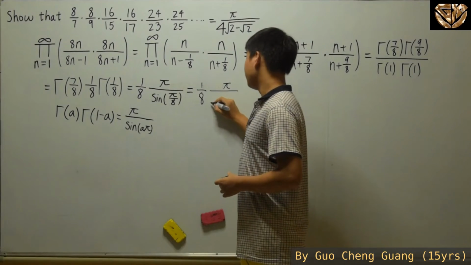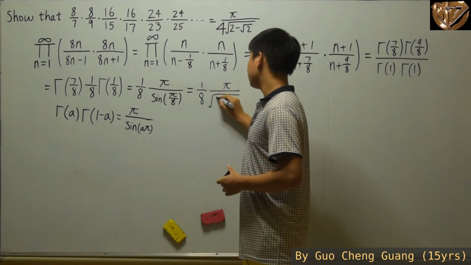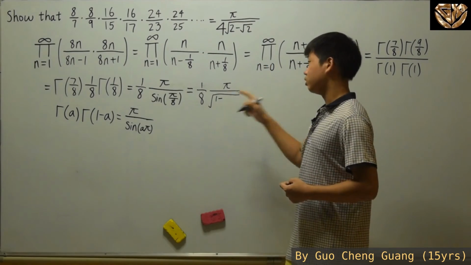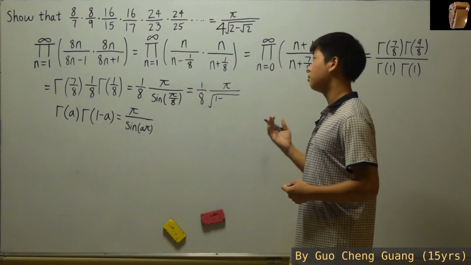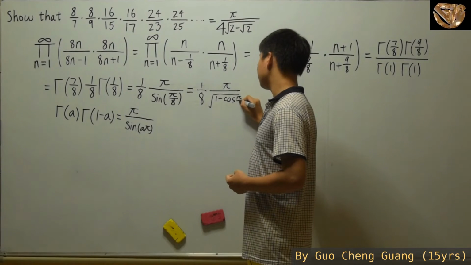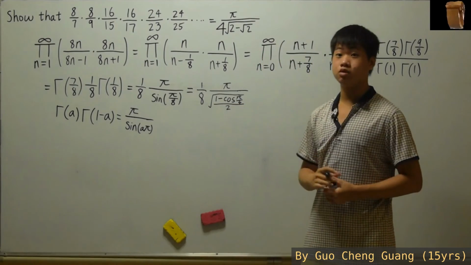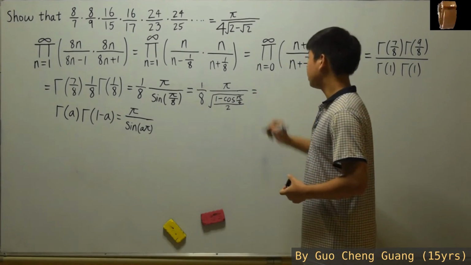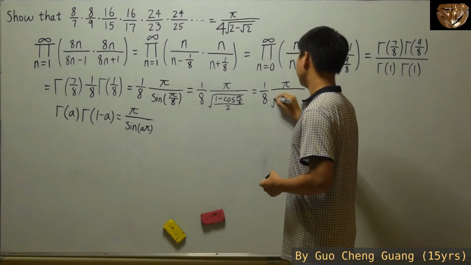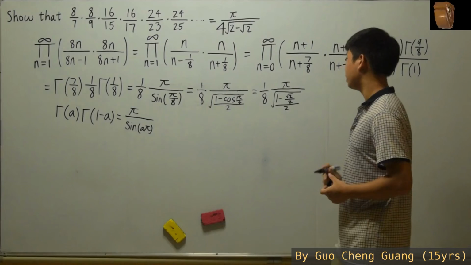So the half angle formula, well, there will of course be this square root, then inside it is 1 minus cosine 2 times this angle, which is cosine pi over 4. And cosine pi over 4, you could just write it first, or you could also immediately change that into square root 2 over 2. Alright, so this is what you are seeing. 1 over 8 multiplied by pi divided by square root 1 minus square root 2 over 2, and then divided by 2.